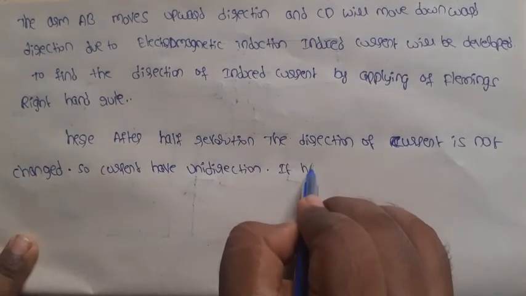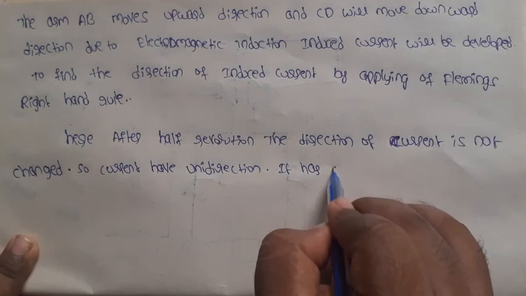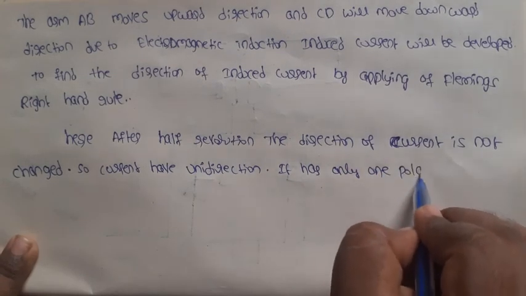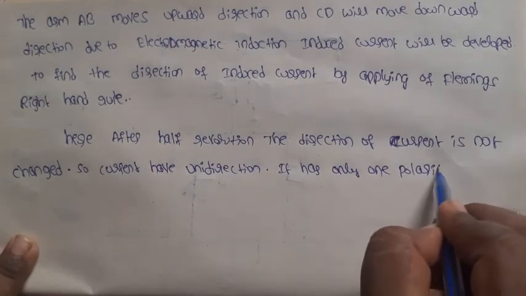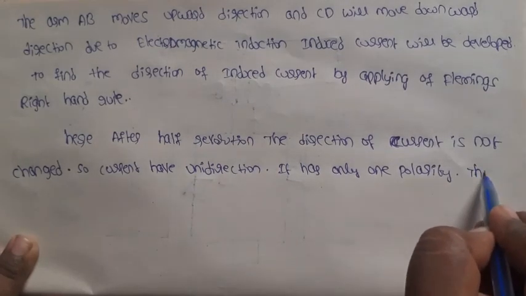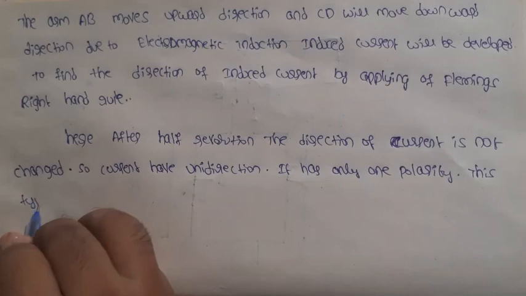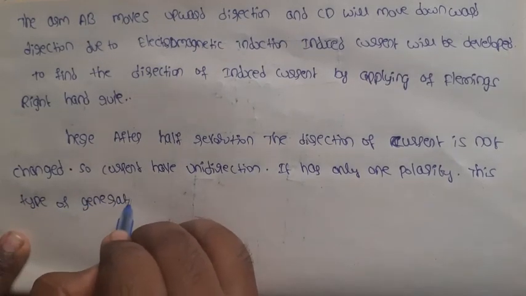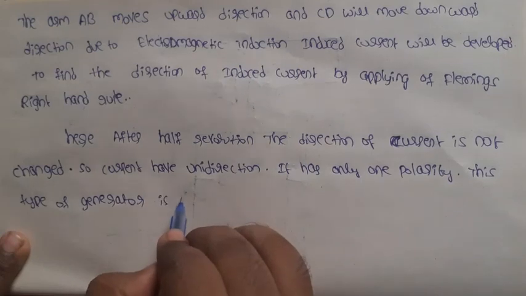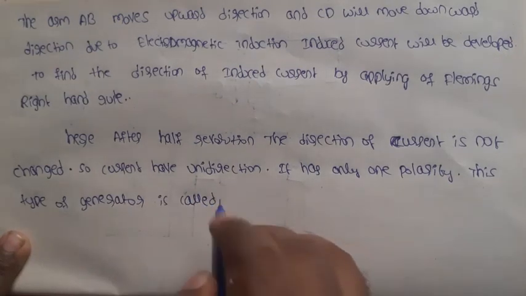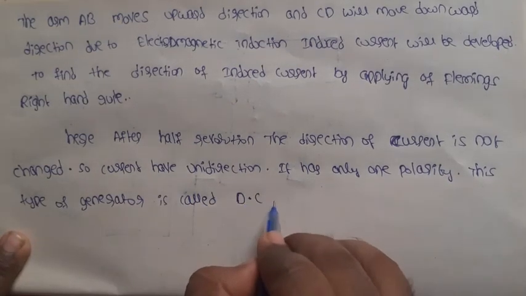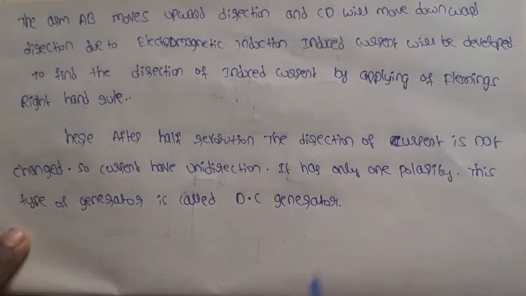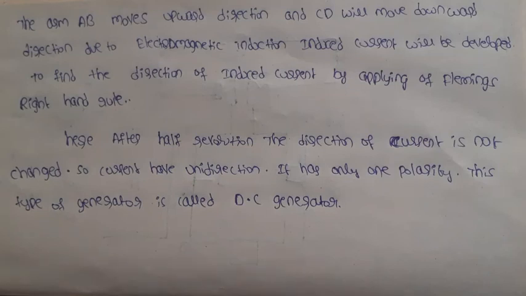It has only one polarity, or single polarity. So this type of generator is called a DC generator. DC generator means direct current generator.